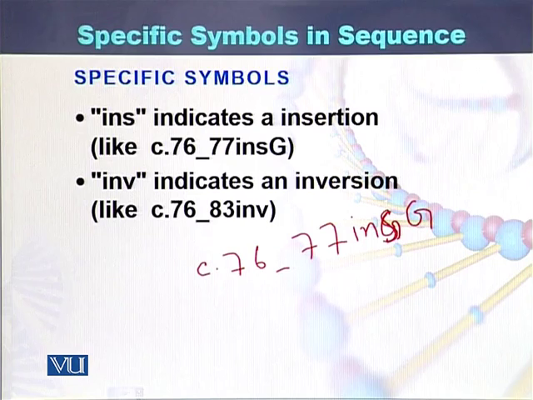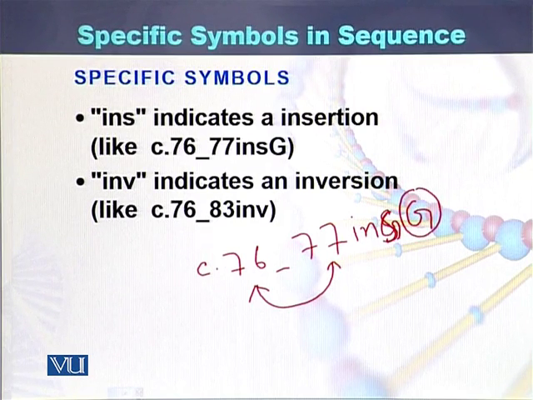So the meaning is that C is for coding, and there is an insertion between nucleotides 76 and 77. Between 76 and 77 there is an insertion of a nucleotide, that is G. So G is inserted between 2 nucleotides, and the numbers of those nucleotides are 76 and 77.